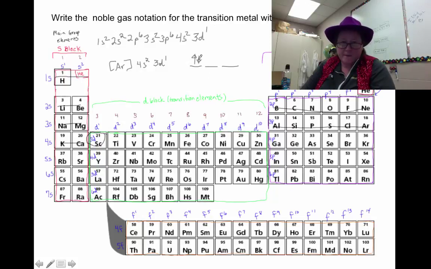This would never happen, because if this was a p sublevel, a little piggy would go into each of the hotel rooms before they get doubled up. I wanted you to get a sense of where these numbers actually came from.